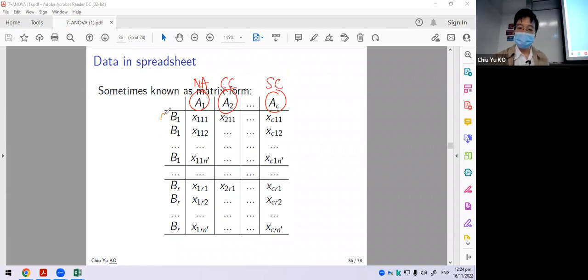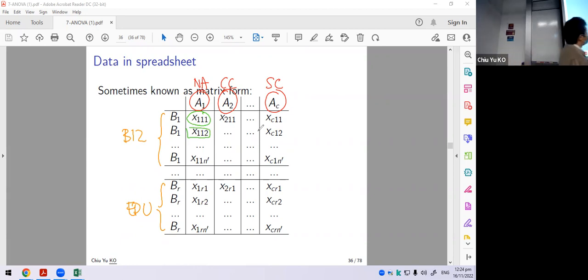And these rows, the B's, are just faculty, so maybe business school, maybe education, right? And here you can see this is the first observation from NA under business school, the second observation of NA in business school, and so on and so forth, right?